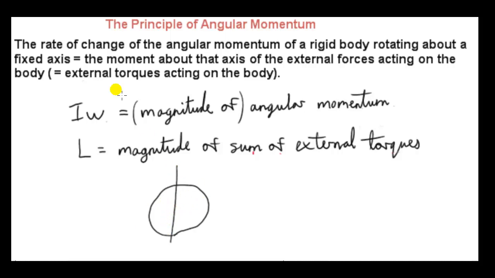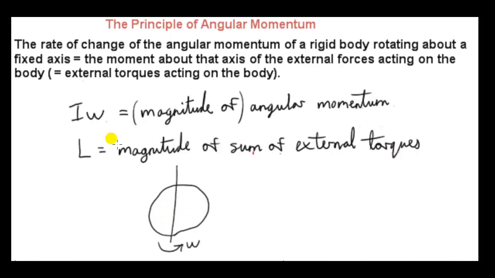I'm going to consider the right hand side of this equation, the torques acting on the body. So here we have a rigid body that's constrained to only rotate about this axis. It cannot rotate about any other axis. It may already be rotating with angular speed omega, or it may not be rotating. It could be just stationary, sitting here, waiting for an external torque to act on this body.